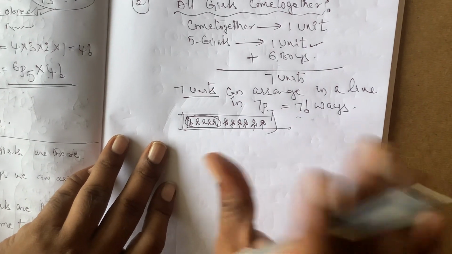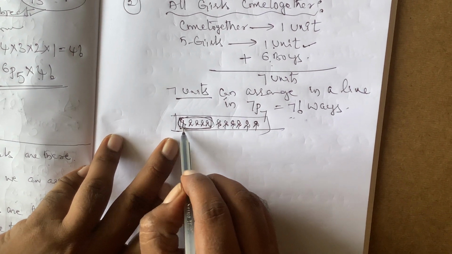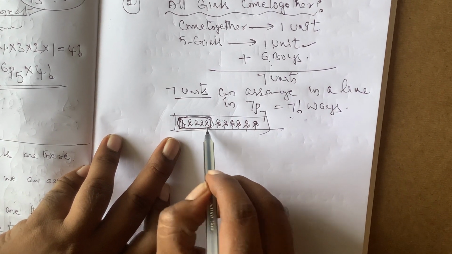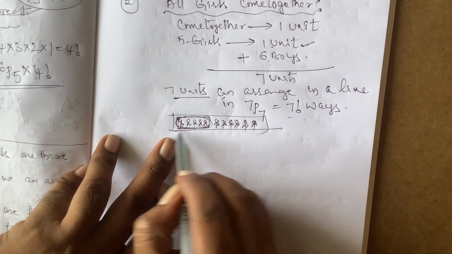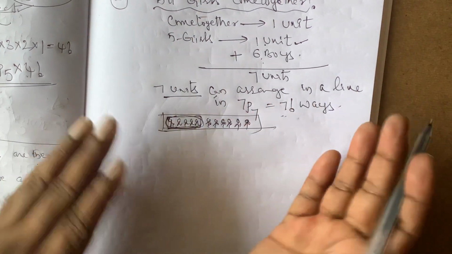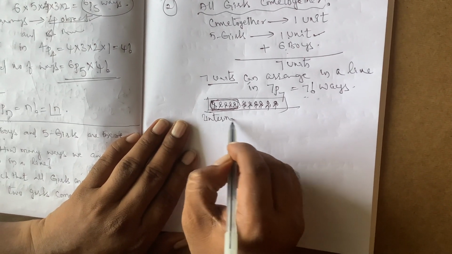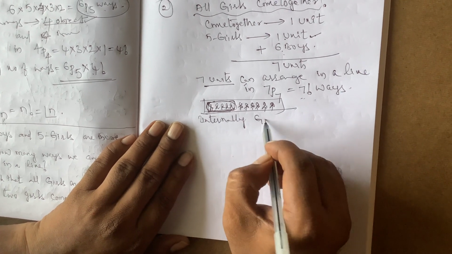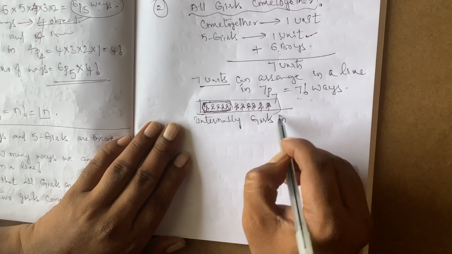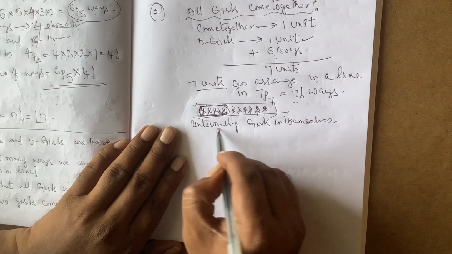Is our work complete now? No. Internally, the girls may be girl 1, girl 2, girl 3, girl 4, girl 5. Internally, I can arrange them also. Girl 1, girl 5, girl 4, like that I can interchange them. So again, internally, this is important, the girls among themselves I can arrange.